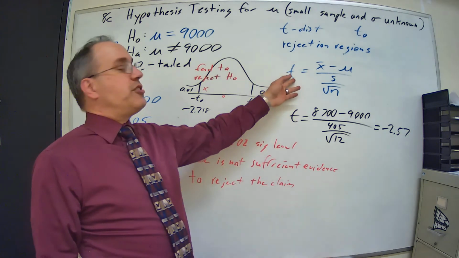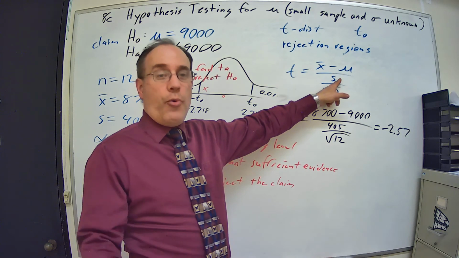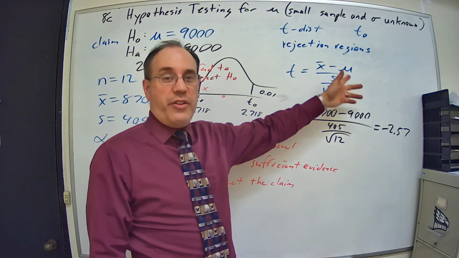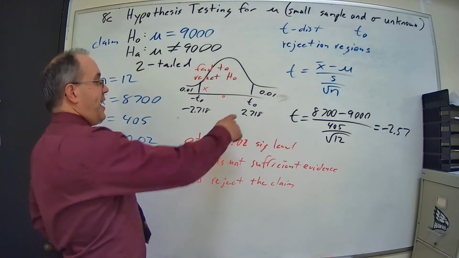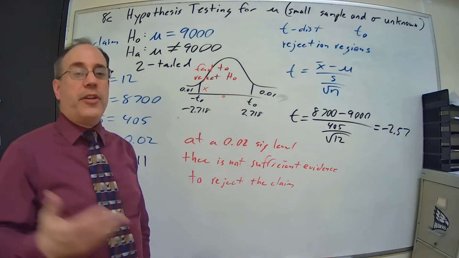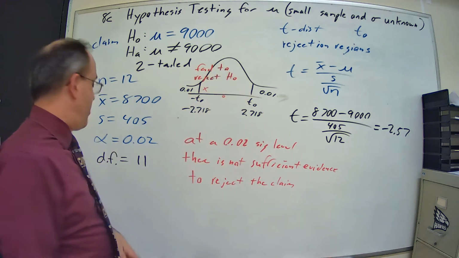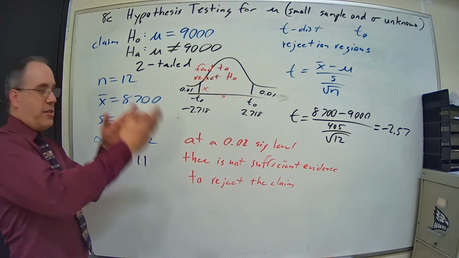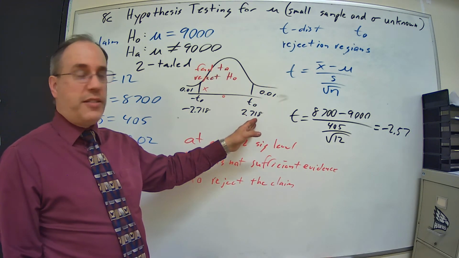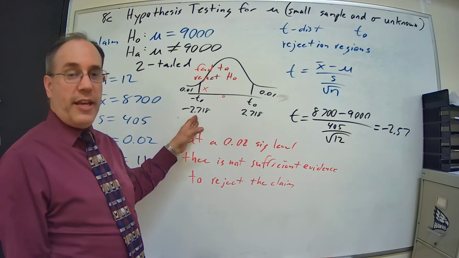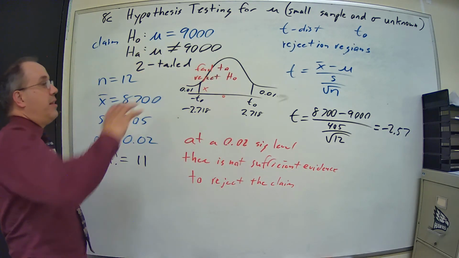We call it the t-score now instead of the z-score, and we use the sample standard deviation always instead of the population standard deviation. But the calculation is done the same way. We get our critical value from a different table. We look at the upper tail probability and the degrees of freedom so we can get that value. If it's an upper tail, we leave it as positive. If it's a lower tail, we make it negative. But other than that, it's really the same process.